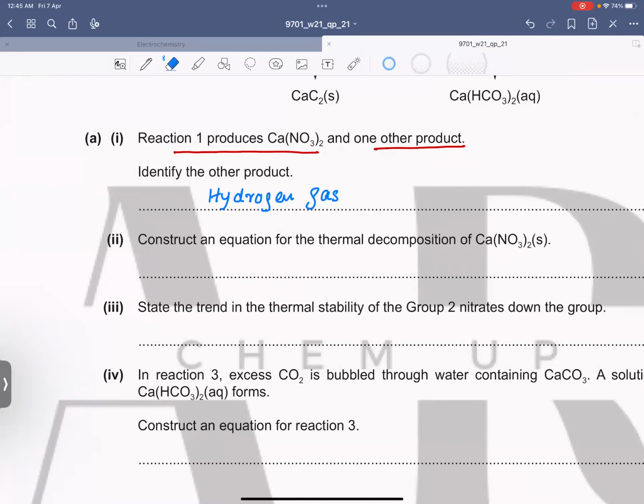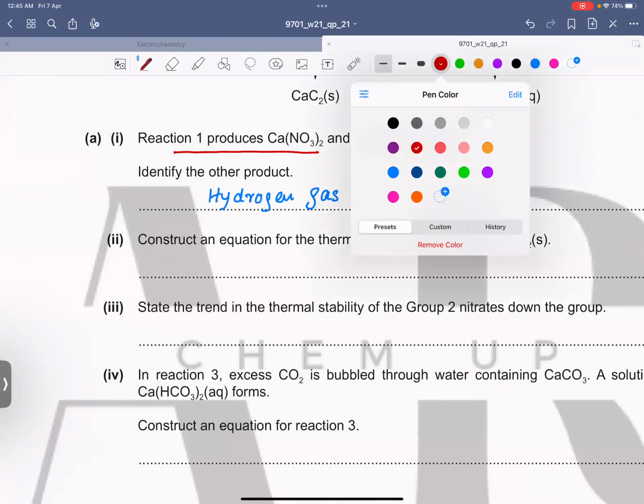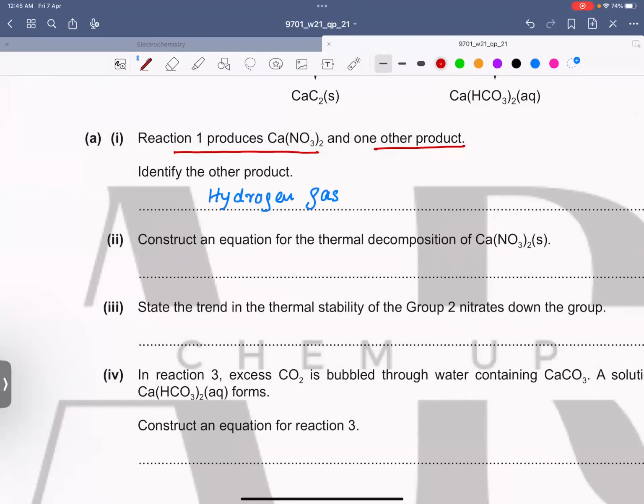Construct an equation for the thermal decomposition of calcium nitrate.